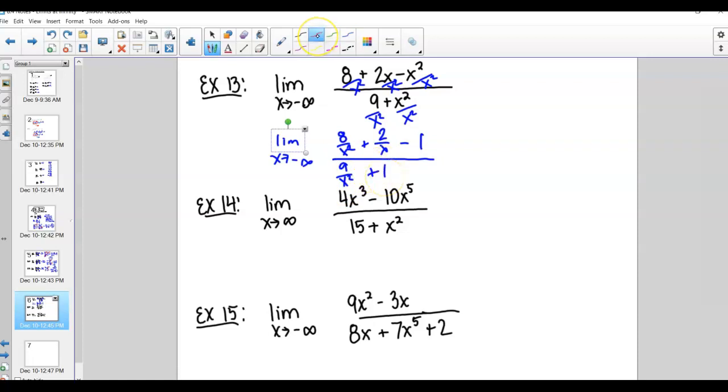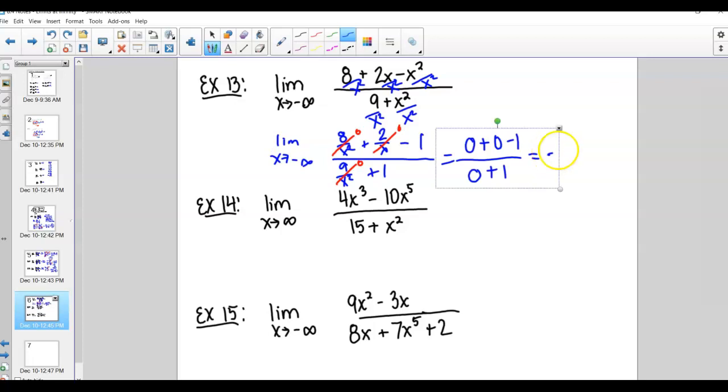And anything with an x in the bottom is going to become 0. Everything else stays as it is, so we got 0 plus 0 minus 1. On the bottom, 0 plus 1. That's just going to give us negative 1 over 1, which is negative 1 for our answer.